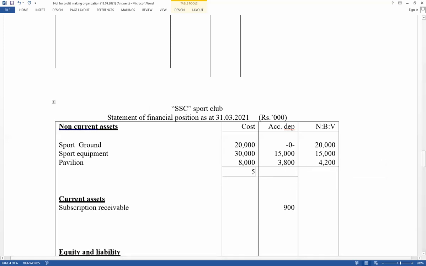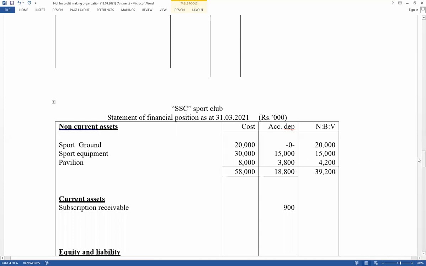Therefore, cost value total amount equals 58,000, and accumulated depreciation total value equals 18,800. Then calculate net book value. Total amount equals 39,200. It can be calculated as cost minus accumulated depreciation also. Think how to disclose non-current assets.